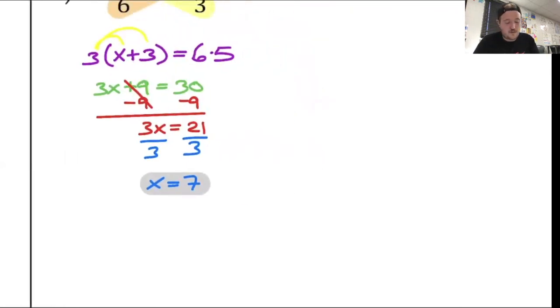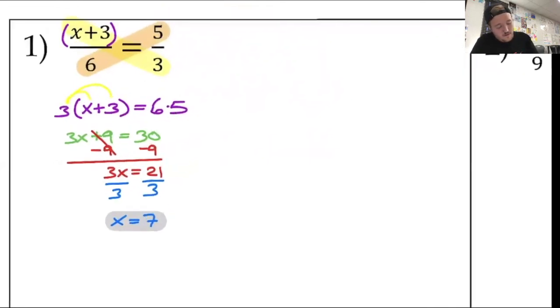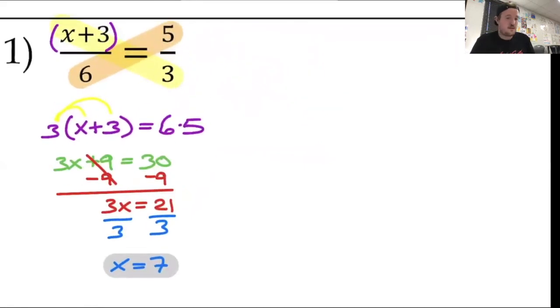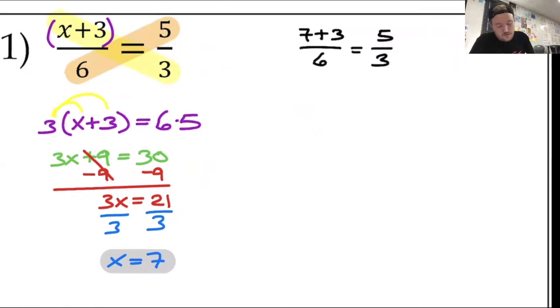And once again, just like before, you can plug this in and actually check the validity. I'll just do it for this first one so you can see. If I plug in 7 for my x value, I have (7 plus 3) over 6 equals 5 over 3. So 7 plus 3 is 10. 10 over 6 equals 5 over 3. The fraction on the left side can simplify if you divide everything by 2.